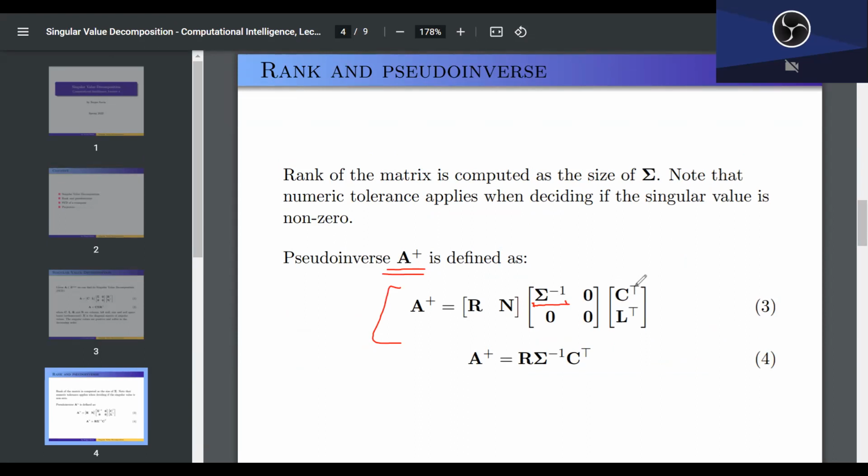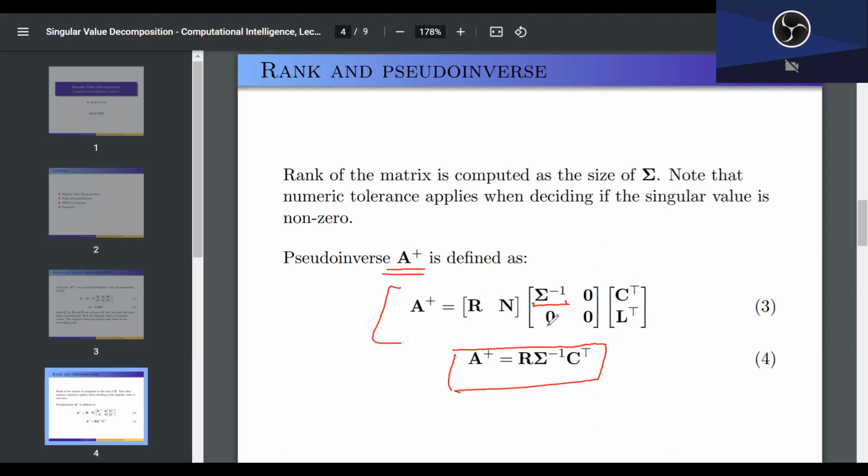So you see where before we had R and N, we have C and L. There was C and L, now it's R and N. Here's the inverse. And for full rank matrices or any other matrices, we can always simplify it to this form.